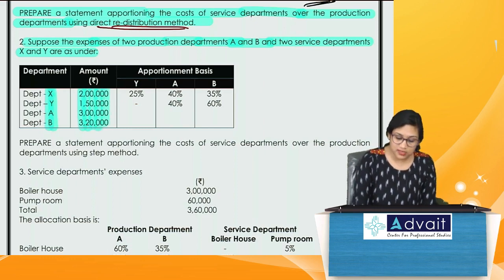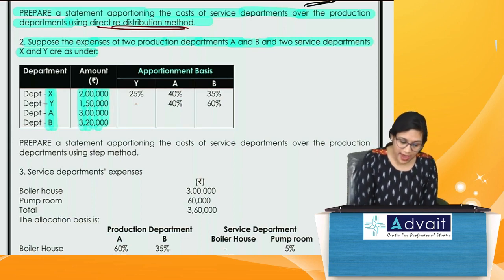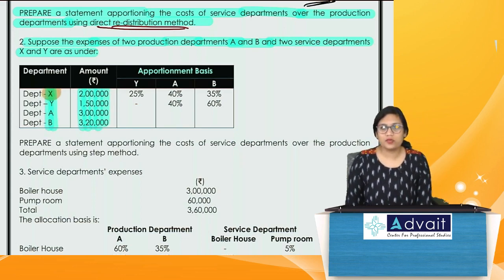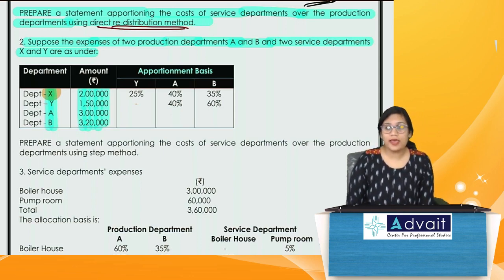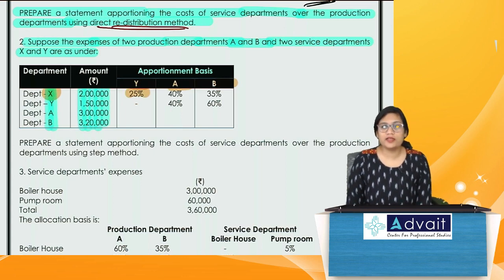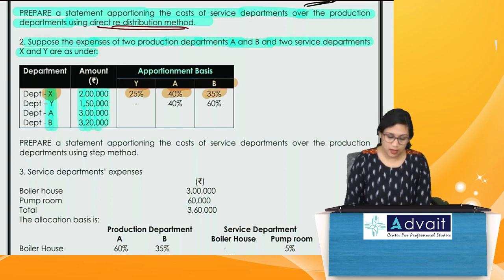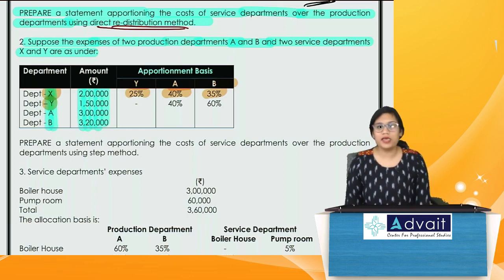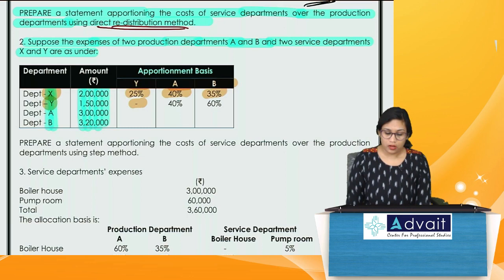They have given us the apportionment basis. So see here, guys, department X, which is my service department, is apportioning the expenses as follows between Y, A and B. It is giving 25% of its expenses to Y, 40% to A, 35% to B. And department Y, the other service department, is giving nothing to itself.